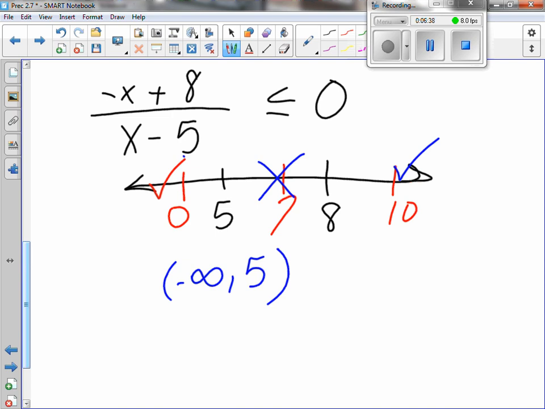We got it from the denominator. 5 is what? A vertical asymptote. Hopefully I did that correctly in the last video. I might not have with the rational function, because we might have had two parts. And if I did, that was my mistake. It should be a parenthesis, because at those vertical asymptotes we should have a parenthesis.